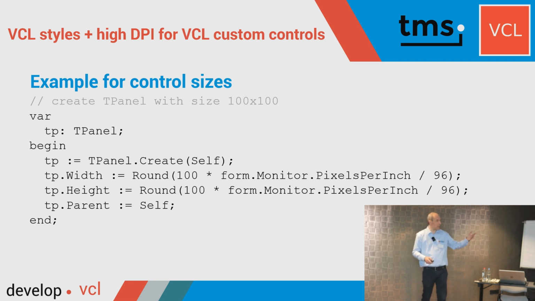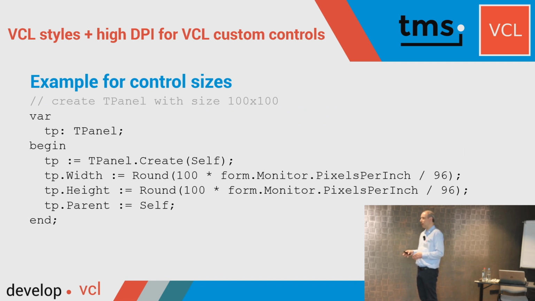So here in this case, I want to create a panel with a width 100, height 100, and I want to make that panel appear the same size on every monitor. That's a possible code that I can use to dynamically adapt it in this case. I'm not sure how many of you use runtime created controls versus design time created controls.